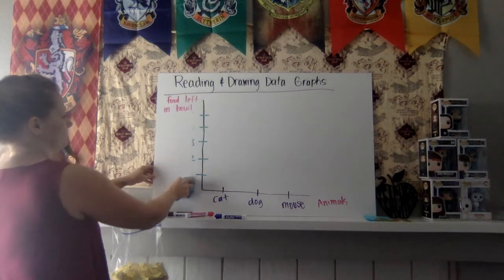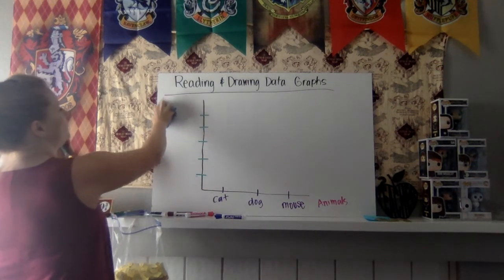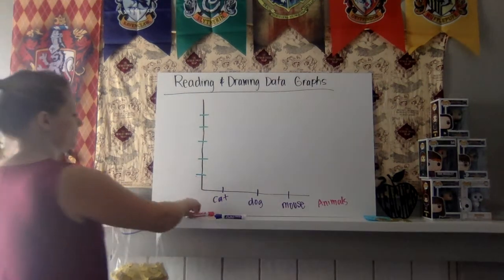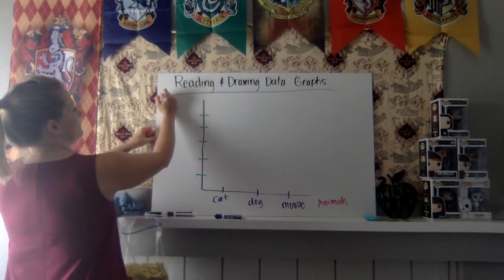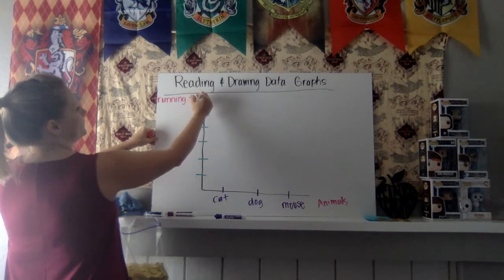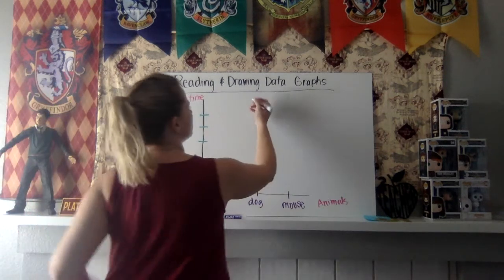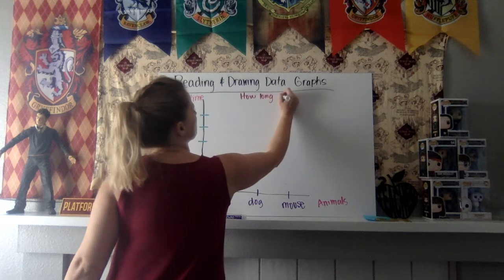Now, let's say we want to find out how fast the animals run. Okay? So we're going to label the vertical axis running time. So we're figuring out how long did the animals run for?